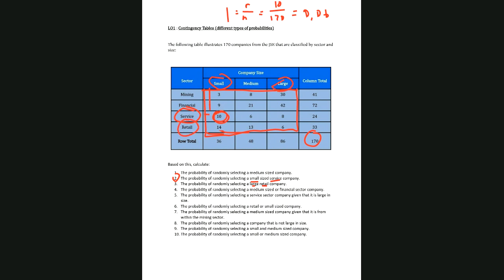So in line with retail and with large, your value is 6. So you're looking at 6 over your sample size, which is 170. So 6 over 170, which gives you a final answer of 0.04.